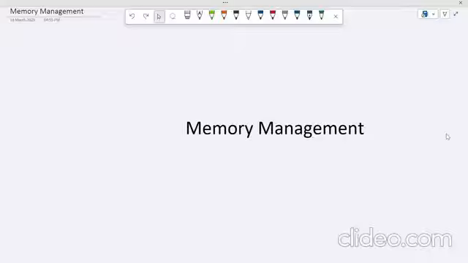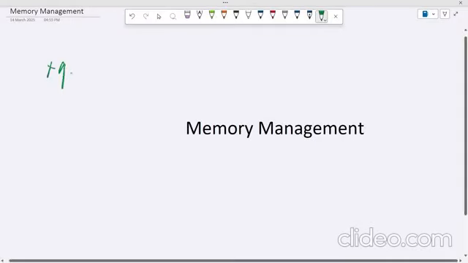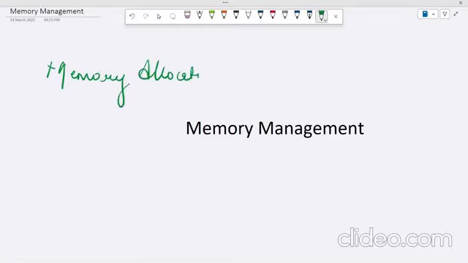Moving forward, to understand memory management, we need to understand some functions of memory management. There are three functions. Function number one is called memory allocation. Memory allocation means how we allocate the memory, that is, how we allocate memory to a newly arriving process.